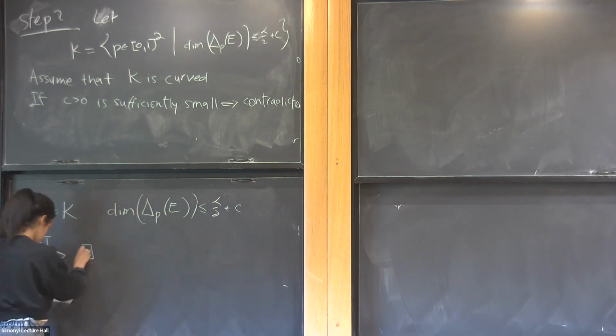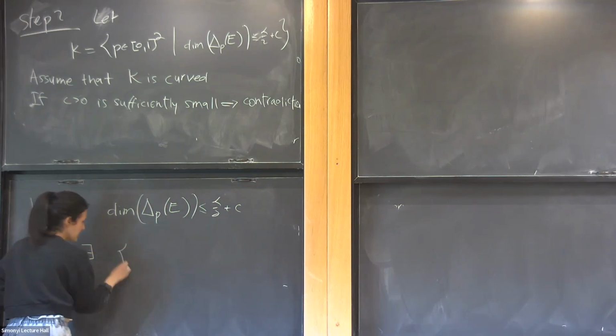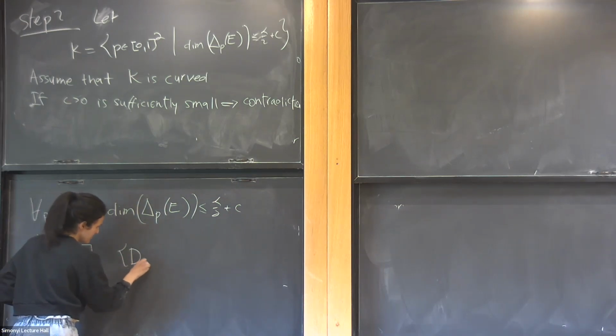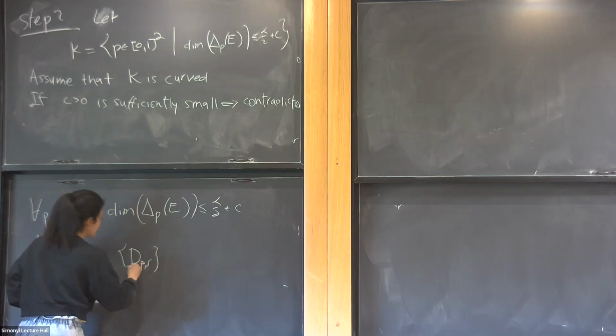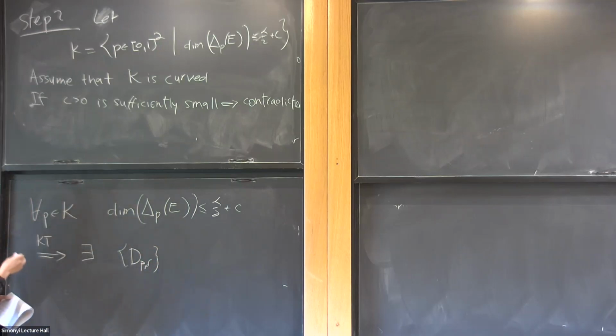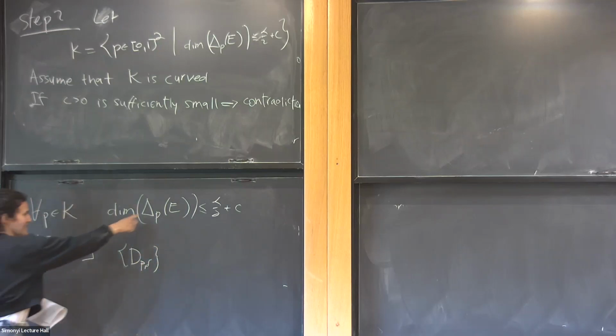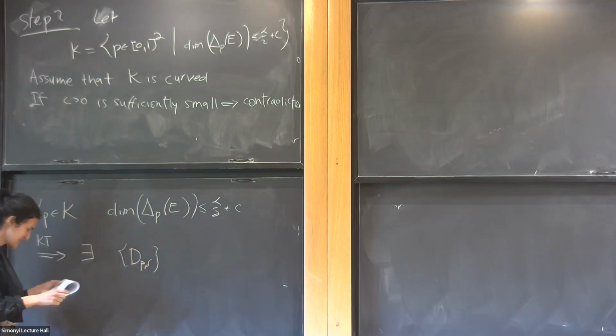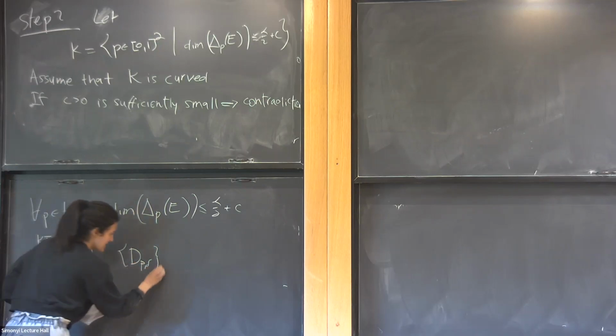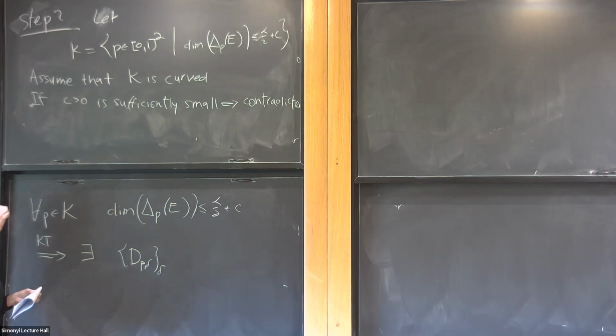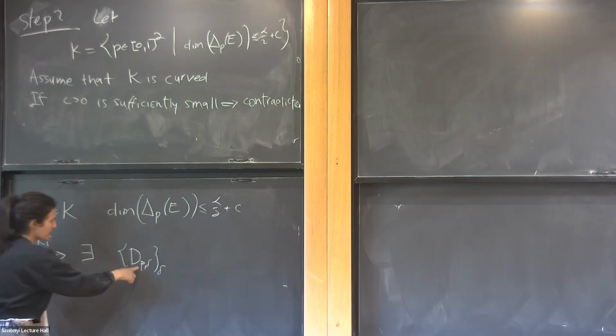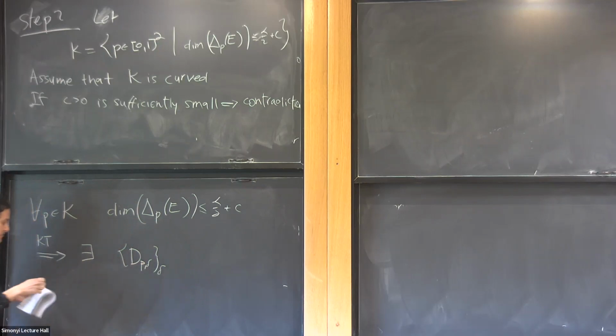So there exists a family D_p delta, D just because I don't like delta. Okay, this D_p delta is a family. In the statement it was X delta, but this time for each p there is a covering of its own.